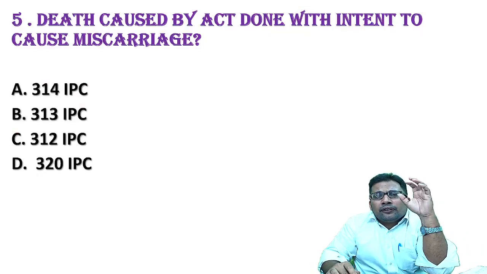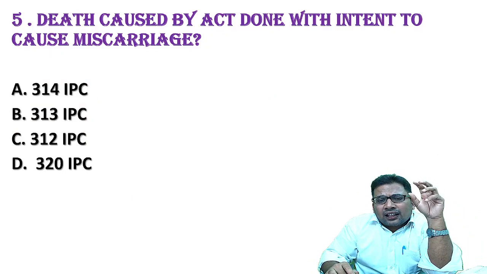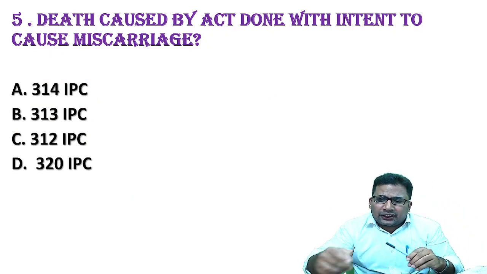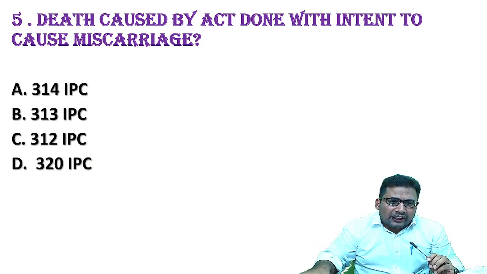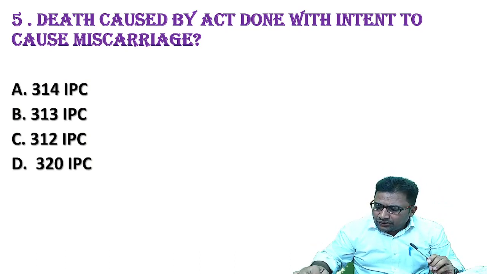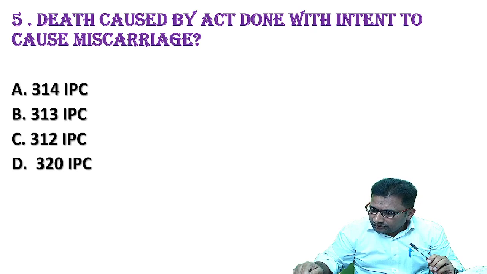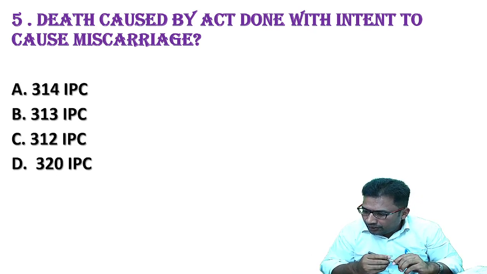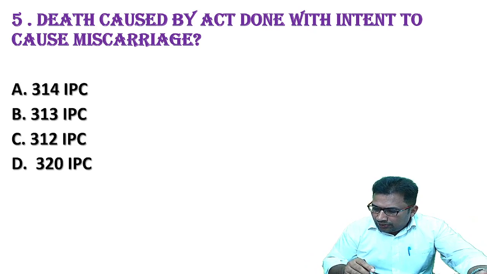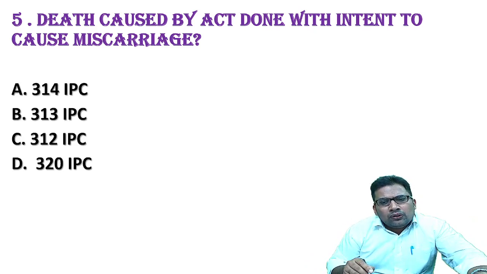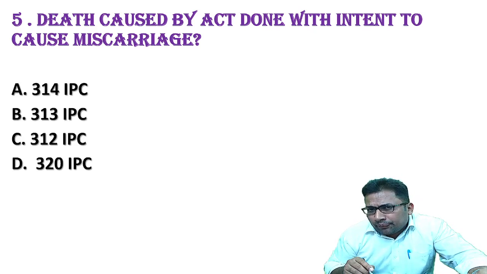Next, question number 5. Death caused by act done with intent to cause miscarriage. Intent to cause miscarriage. So what is the answer? Yes. So here this question about criminal abortion.